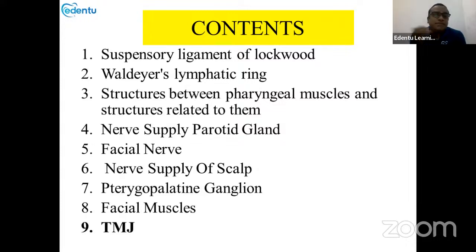Almost every 2 to 3 exams, it repeats. I'm not saying 2 years, 2 to 3 exams. In a year, you have a regular exam, a supplementary exam, and next year, again a regular. So in 3 exams, one question will be there from the temporomandibular joint. It's the joint which a dentist must know in and out.